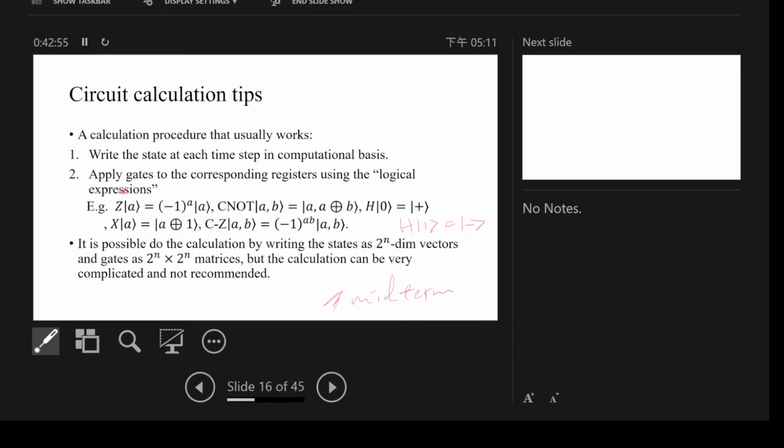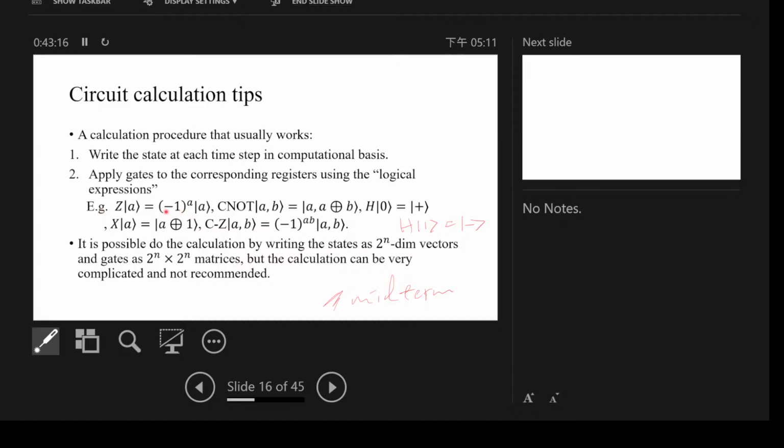to the register using what I call a logical expression. So if we have some computational basis state with some unknown integer, say a here, you can write down all the gates we use most often as logical expressions.